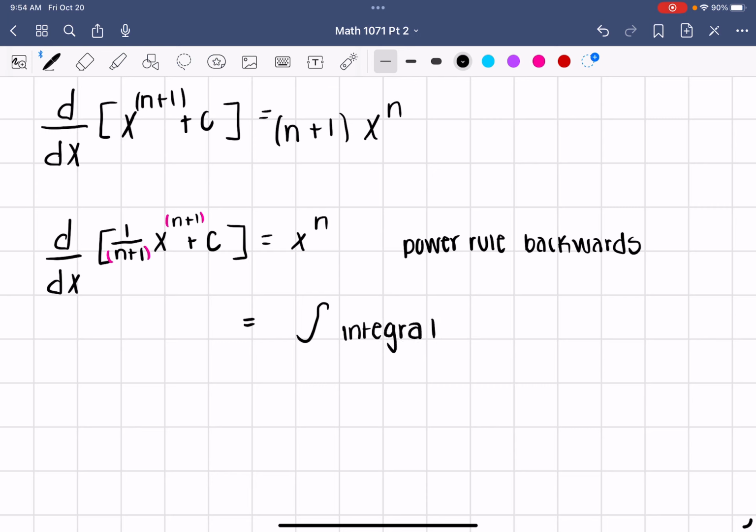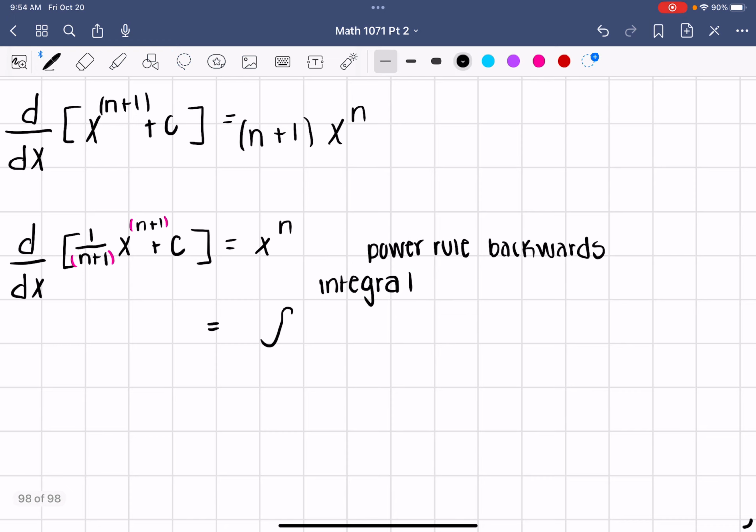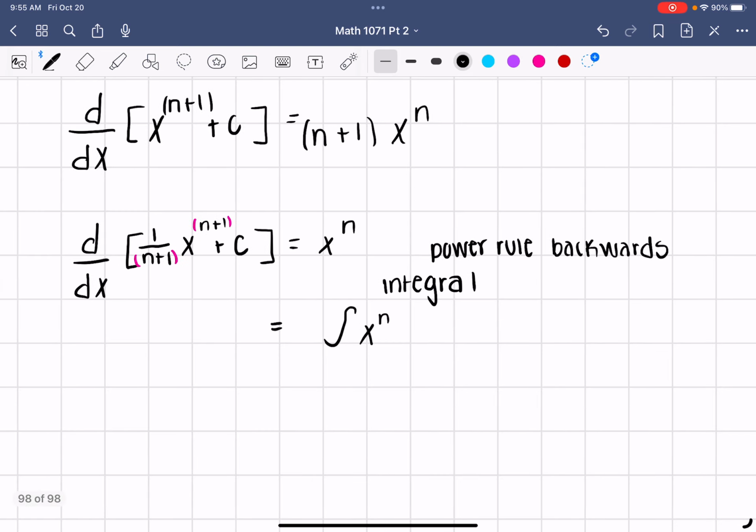The integral of x to the n is 1 over n plus 1 x to the n plus 1. This long stretched out S means give me the function whose derivative is x to the n.